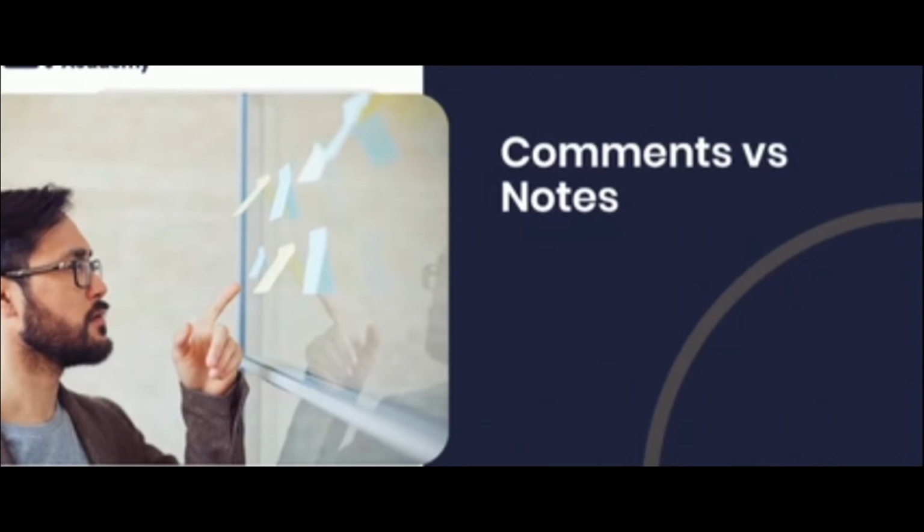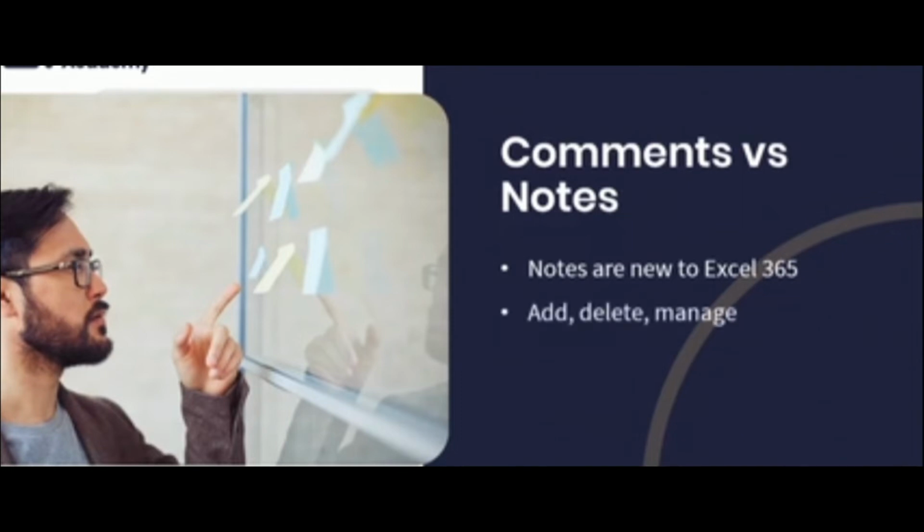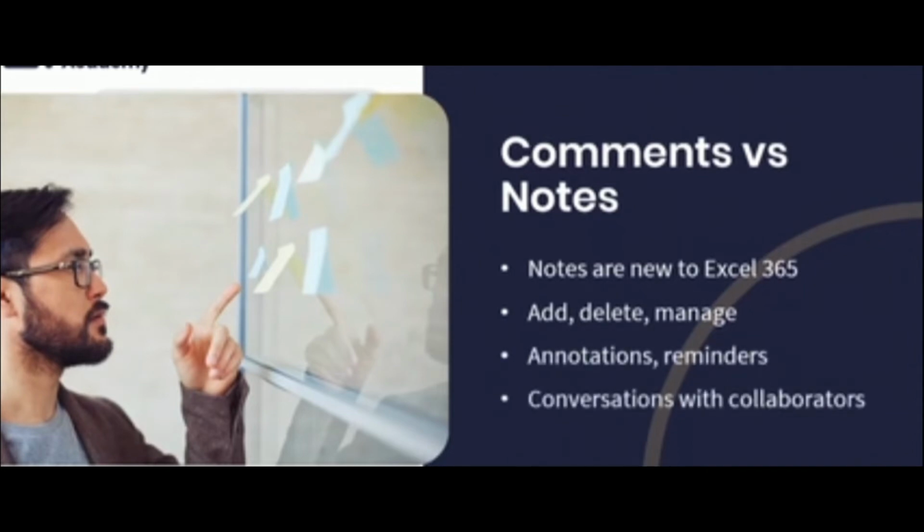Before we dive into the practical, a new feature but a not so new function is the comments and notes. While notes are new, the concept is not, and we will discuss this shortly. But for both comments and notes, you can add, delete, and manage them in Excel to use as reminders, annotations, and for conversing with your colleagues or other people you are collaborating with in the workbook.